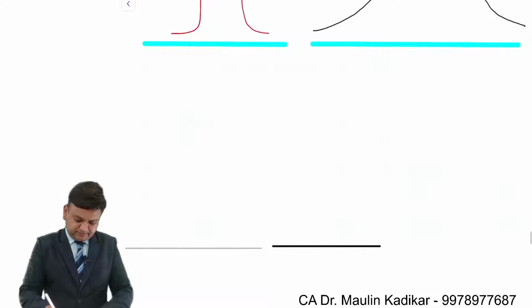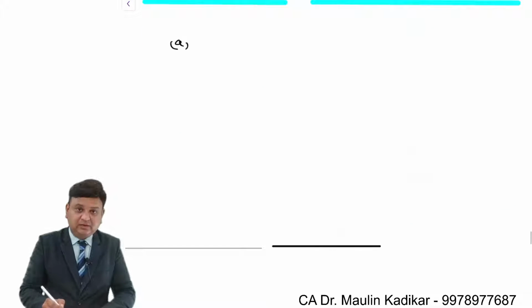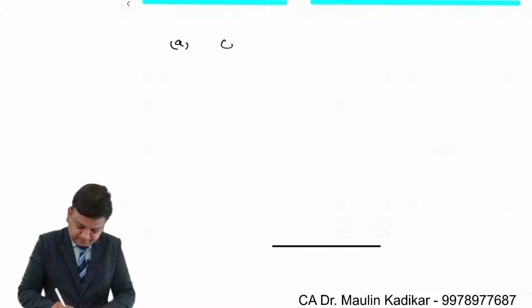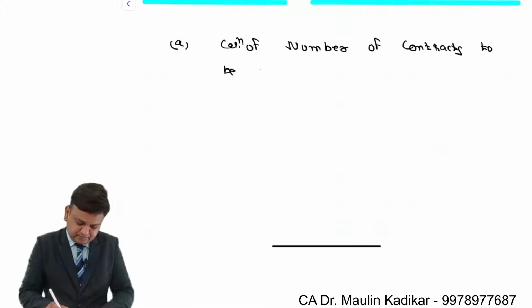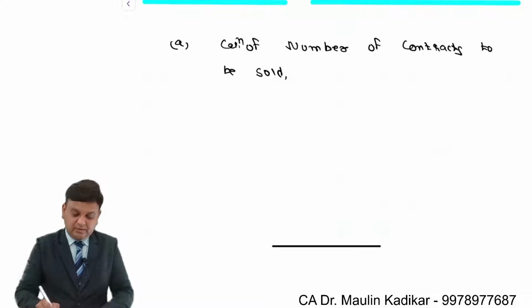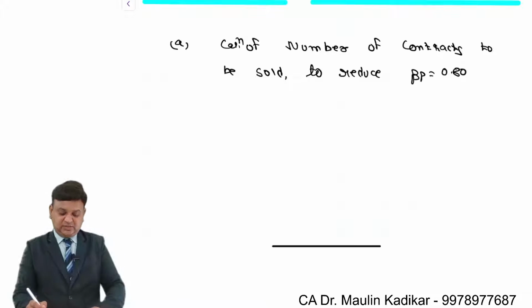Should I write the answer? Answer for the A part of the question. In that, write down: calculation of number of contracts to be sold, to reduce beta of the portfolio to 0.80.